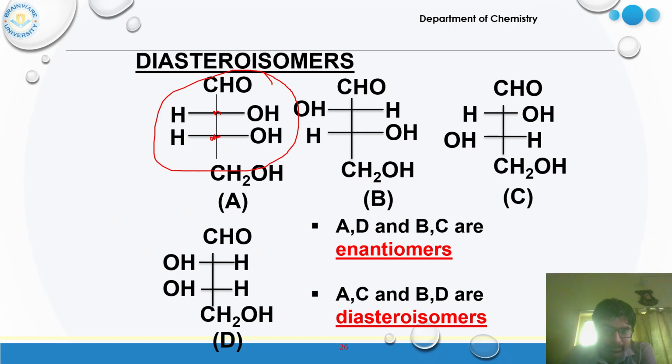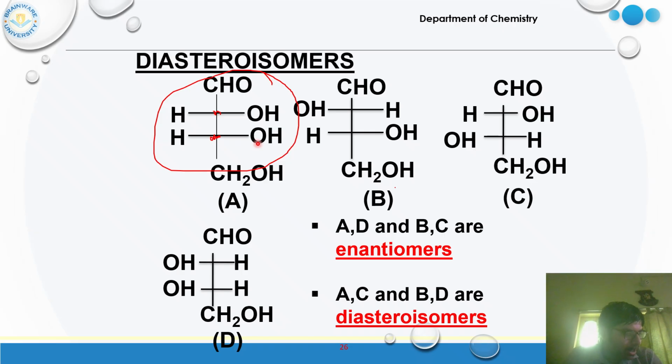Now look at the B molecule. The first chiral carbon is interchanged, but the second chiral carbon remains unchanged. So B is not the non-superimposable mirror image of A. Just look at A and B. For B, the first chiral carbon is interchanged, but the second remains as it is.